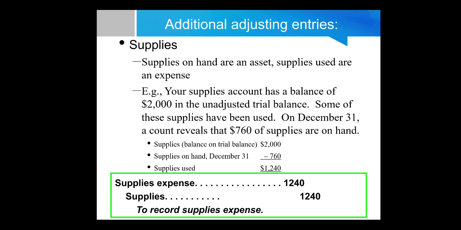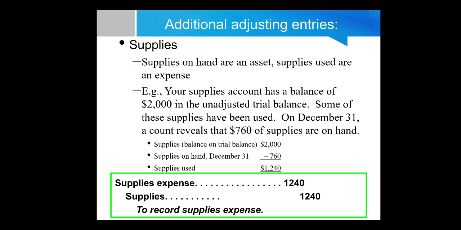And given that the supplies expense, or supplies used, is coming from the account supplies, from the asset account supplies. When you purchase the asset supplies, or supplies go in, you debit the account supplies. When the supplies are used and become an expense, the supplies asset has decreased.